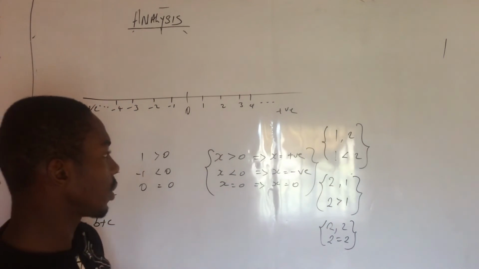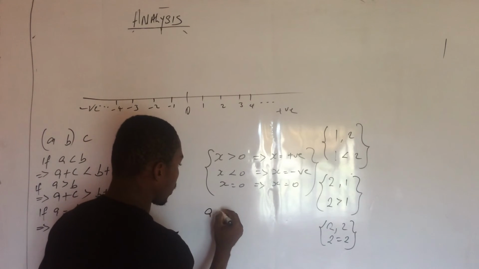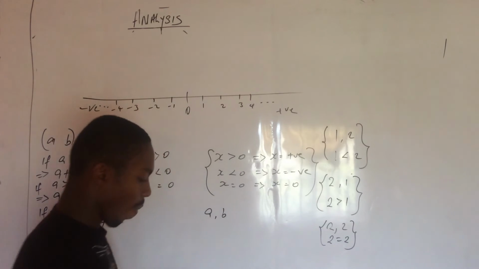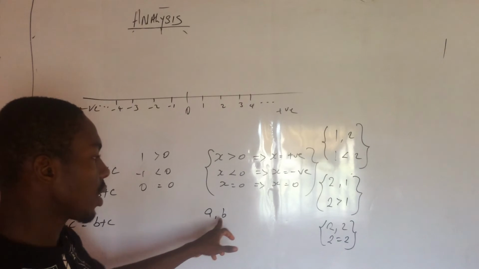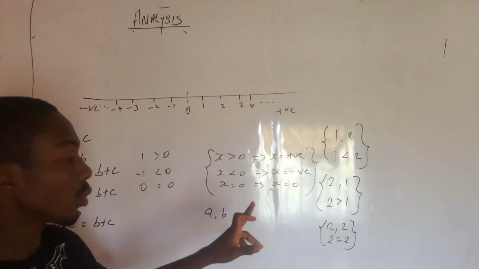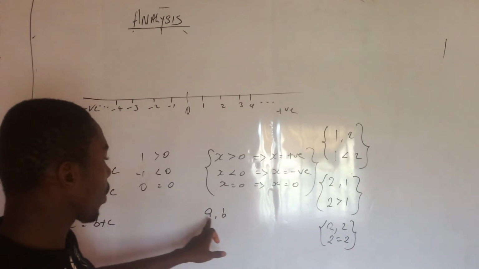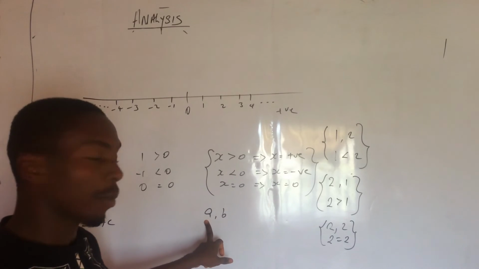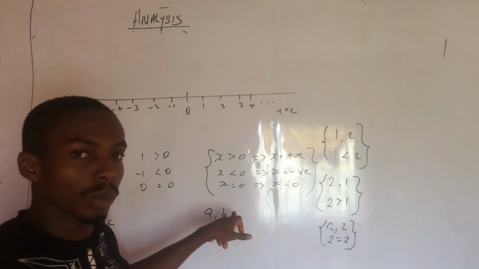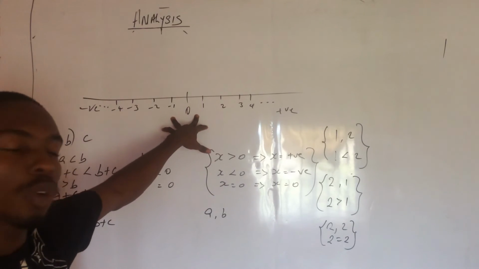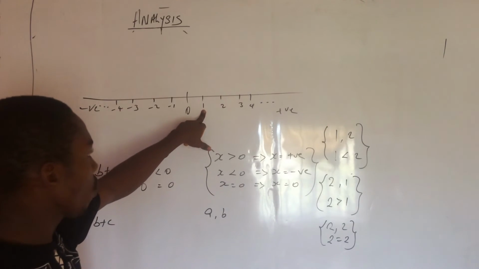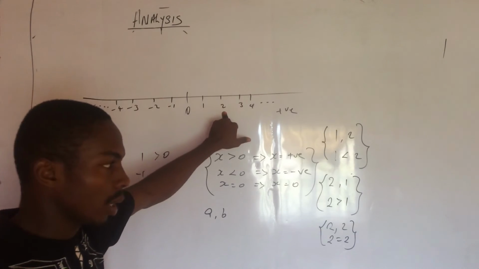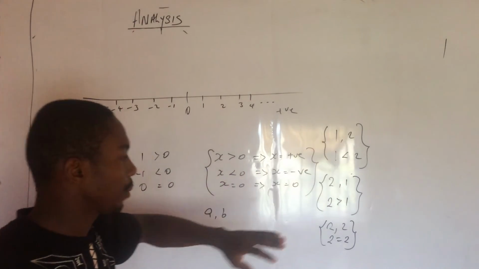I pick a number A and B. A can be bigger than B, A can be less than B, and A can be equal to B. Now let's just go over to the real line. If I pick 1 here and I pick 2 here, just like what I did here.